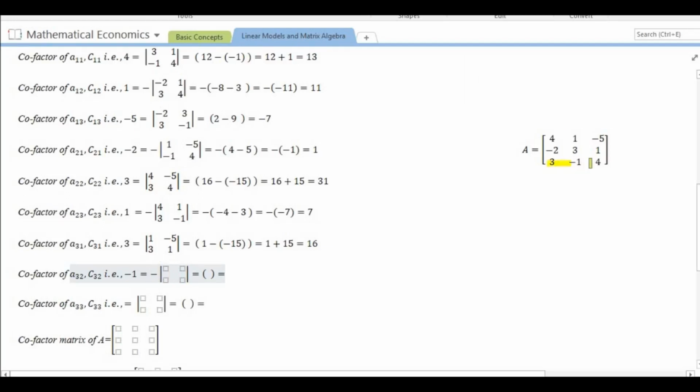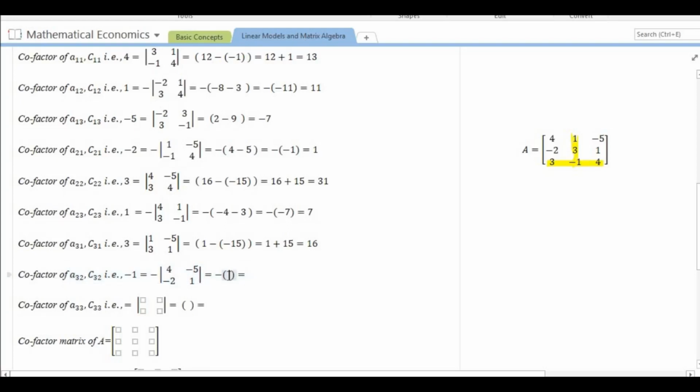After deleting the row and the column in which the element is present, we are left with 4, minus 5, minus 2, 1. Minus should remain outside the bracket. We must be very careful about it.